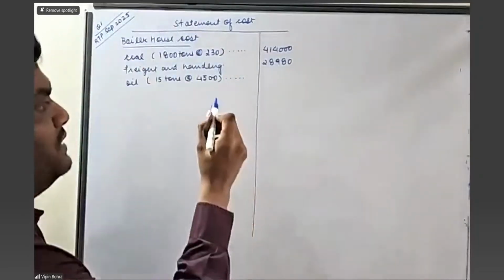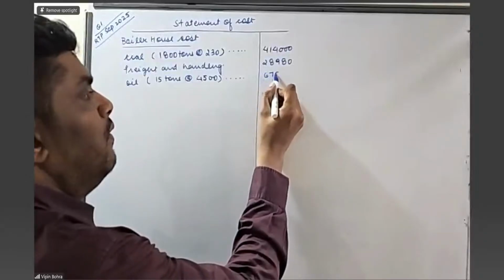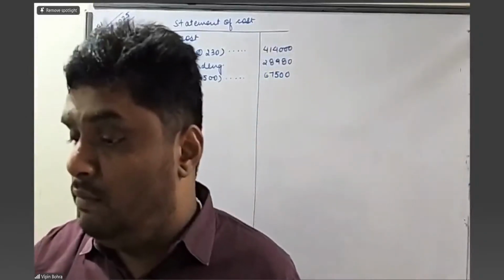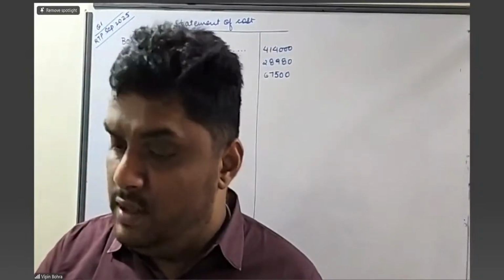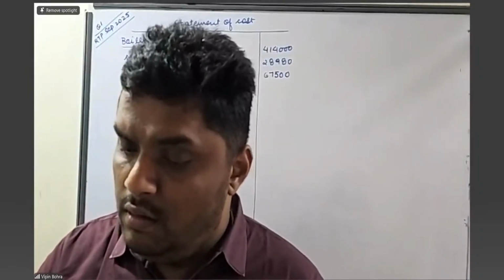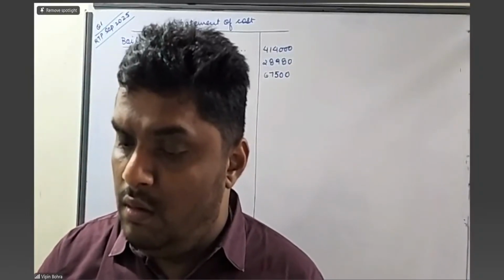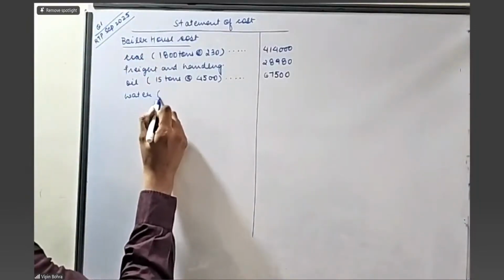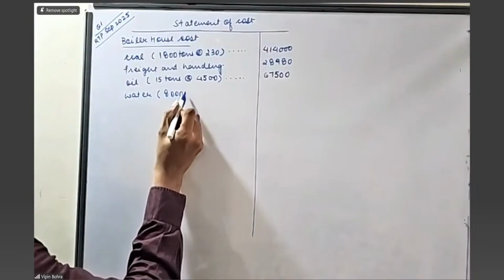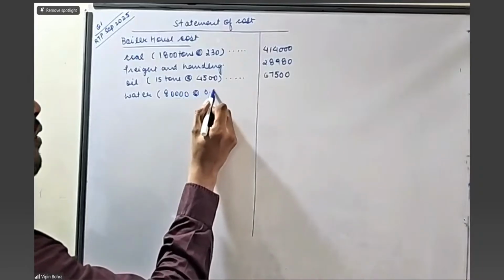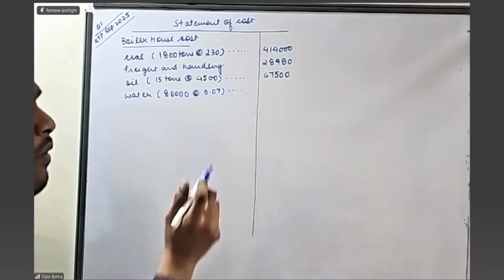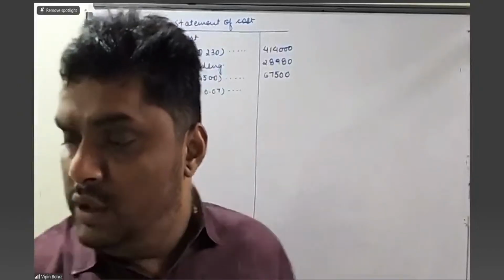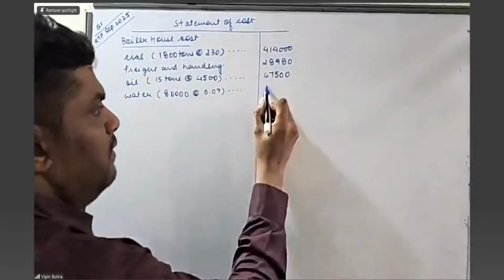So this comes to 67,500. Water, it is 80,000 liter. So it comes to 5,600.